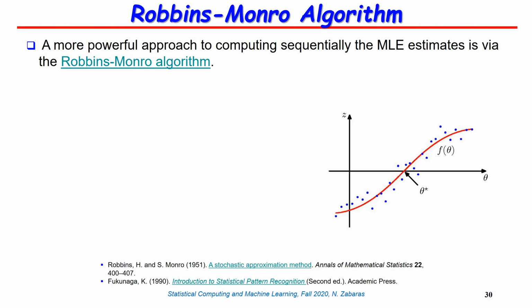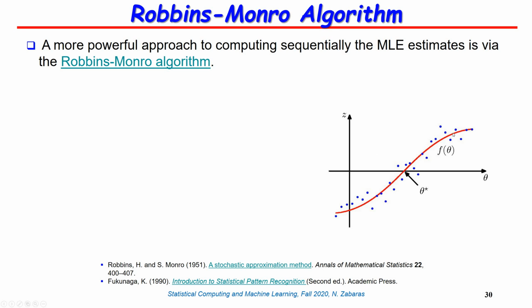So suppose that we have two variables, zeta and theta, and we have this red curve that I call the regression function, and we want to find the zero of this function. So we want to find the theta that minimizes this red function. Now the problem is that this red function is not known, and the only thing we know for different values of theta are some noisy observations of these functions that I denote here with this variable z.